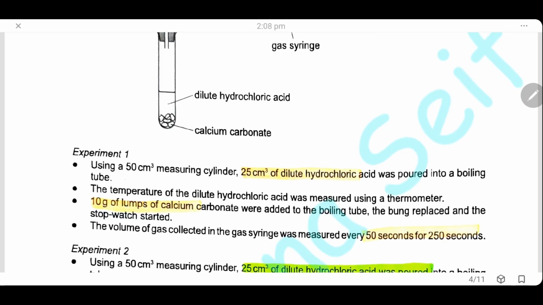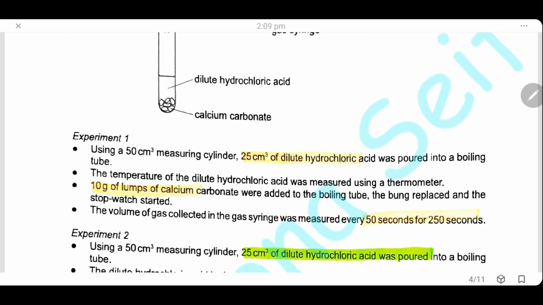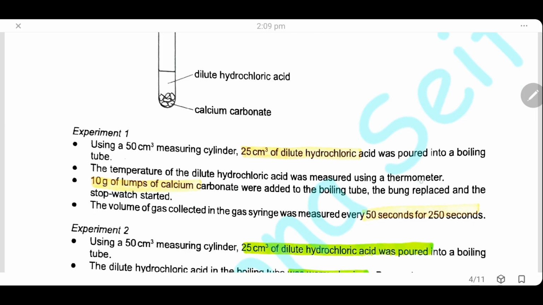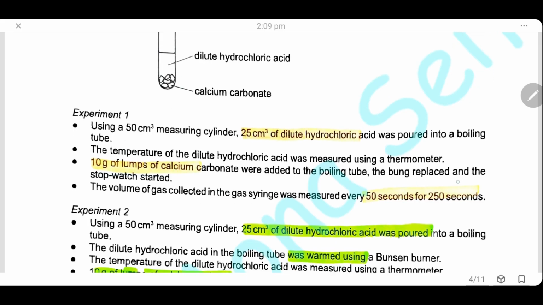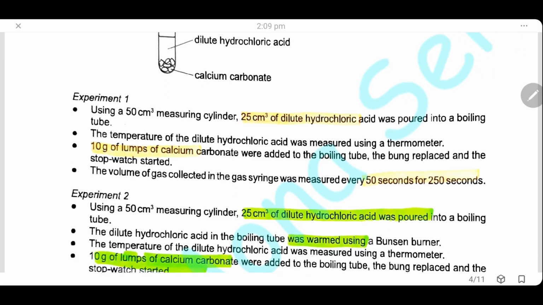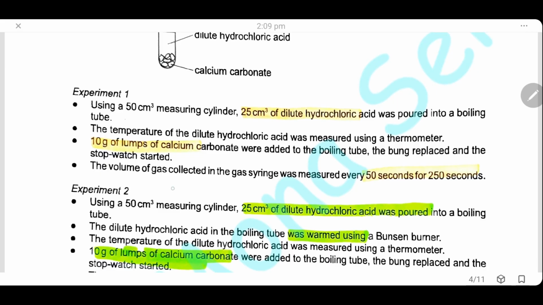In the first experiment, we are using 25 cm³ of dilute hydrochloric acid, and the temperature was measured with a thermometer. 10 grams of lumps of calcium carbonate was added and the bung was replaced immediately and we use a stopwatch. The volume of the gas collected in a gas syringe was measured every 50 seconds for 250 seconds.